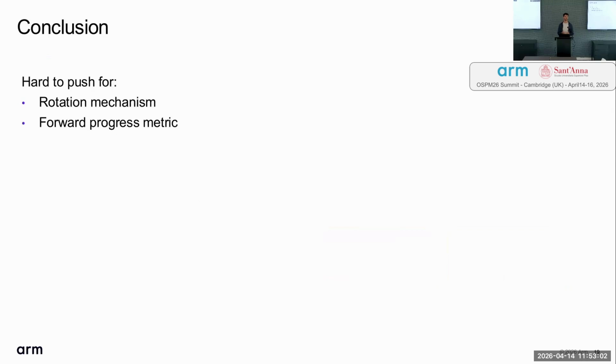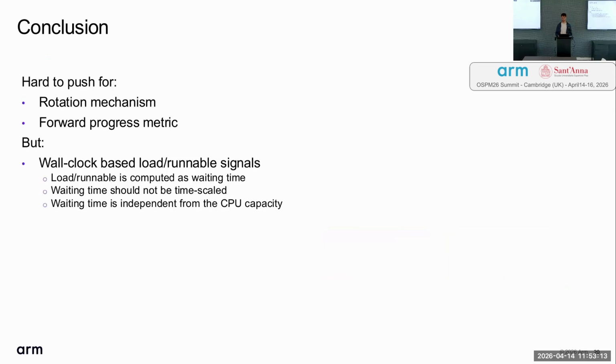So ultimately, the conclusion is that it's hard to push for such a mechanism, to rotate tasks and to have a forward progress metric. But in the meantime, while doing the prototype, it appeared that we used the PELT signals, not using the invariant clock.